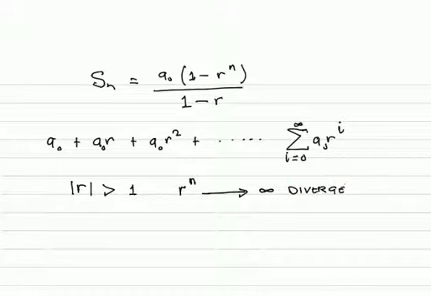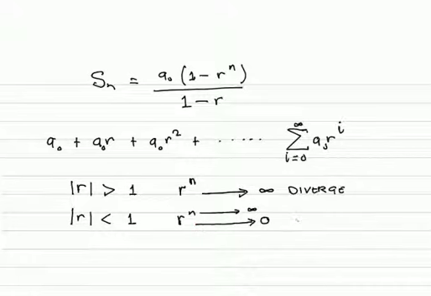On the other hand, if the absolute value of r is less than 1, and we take n powers of r, then as n increases to infinity, the whole power is going to shrink to 0.